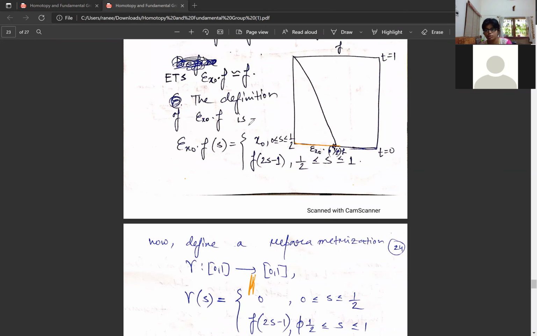This picture is actually in the level of 0,1 cross 0,1. Whatever is happening in X, we can't draw it, but we can intuitively think what it can be. So this is gamma equal to 0, and then it will be the straight line joining these two points. And this point is half comma 0, and this point is 0 comma 1.